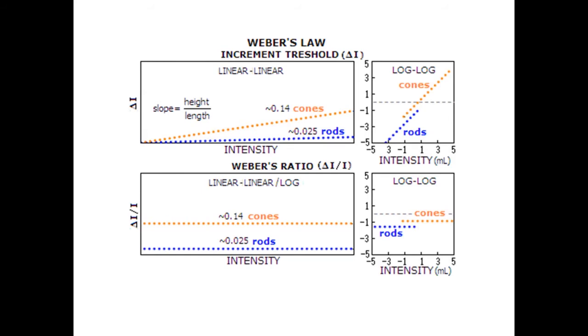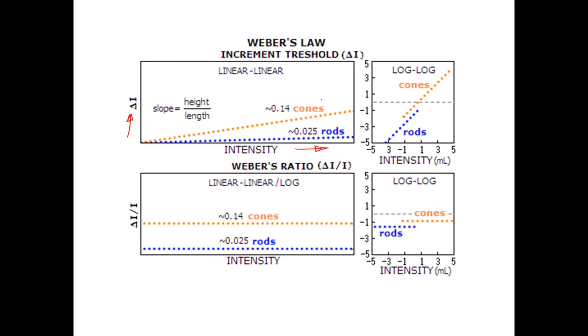On the slides you are seeing Weber's law for the light intensity increment threshold. In the x-axis you are seeing the light intensity, and in the y-axis you are seeing the change in the light intensity that can be perceived. Basically you are talking about the difference threshold, the JND, as we mentioned in the last class if you remember.